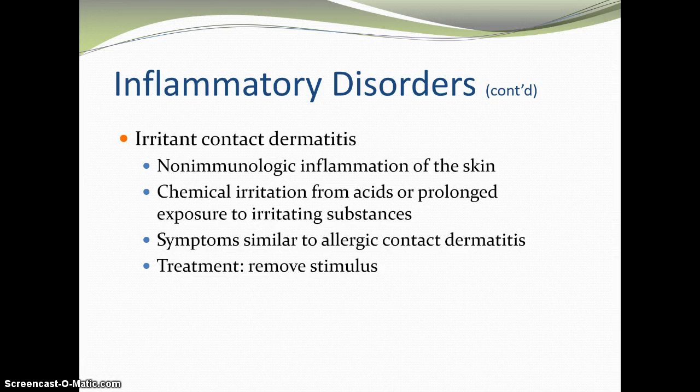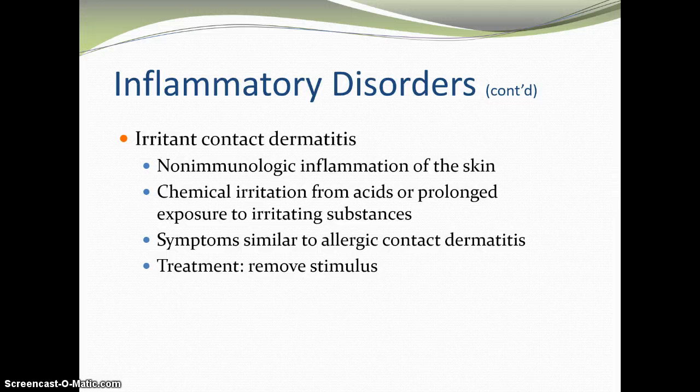Irritant contact dermatitis is usually a non-immunologic inflammation of the skin. Chemical irritation from acids or prolonged exposure to irritating substances can be seen with irritant contact dermatitis. And because it's just an irritant, all we really need to do is remove the stimulus. For example, a lot of nurses will start developing latex allergies because they're around latex all the time.